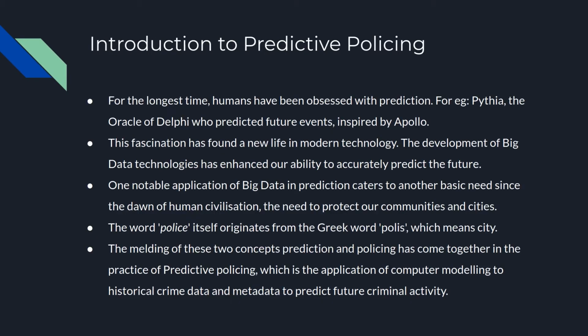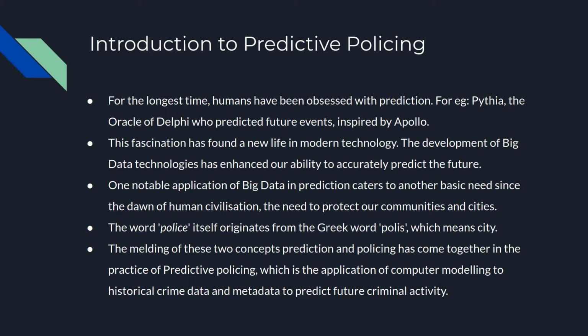We humans love predicting something, and this has been going on since the beginning of time, I think. A great example I can remember is the Oracle of Delphi from the Greek mythology who used to predict future events. Now, in the modern world, amazing technologies of big data have helped us to be more accurate at predicting almost anything.